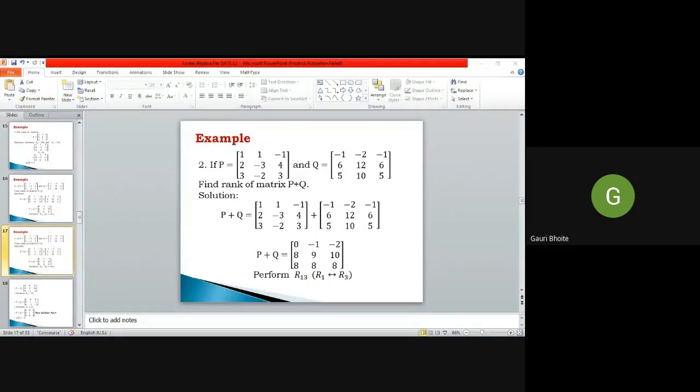Tejasri Kamegaukar also gave the answer, and Shivani. Yes, very good. Yes, correct. So rank is 2.